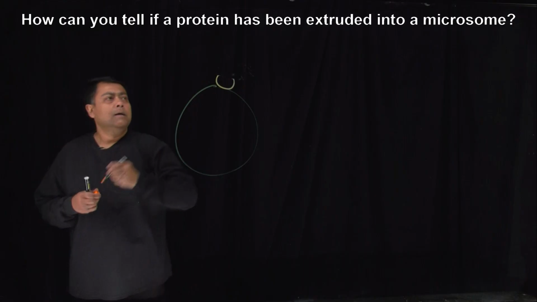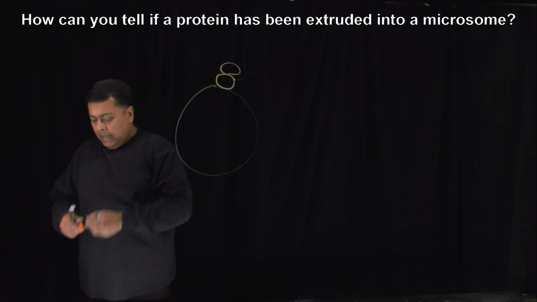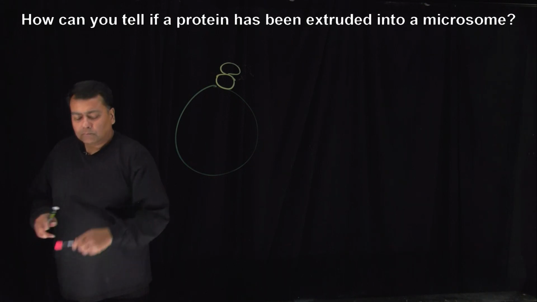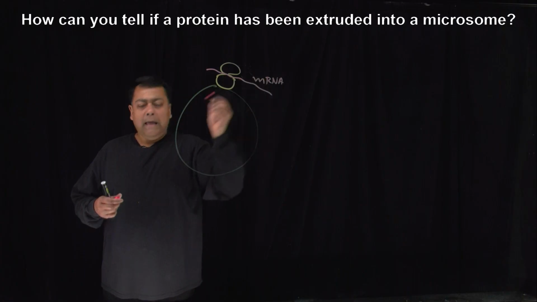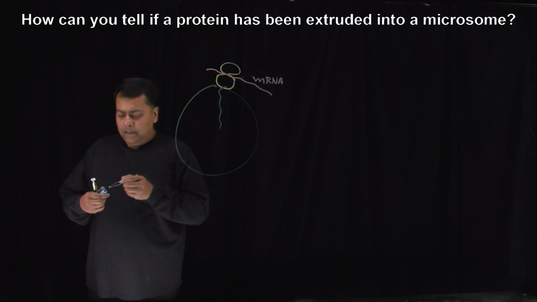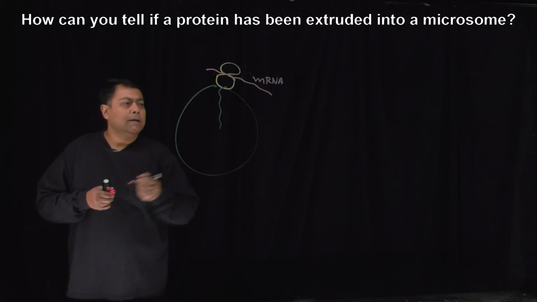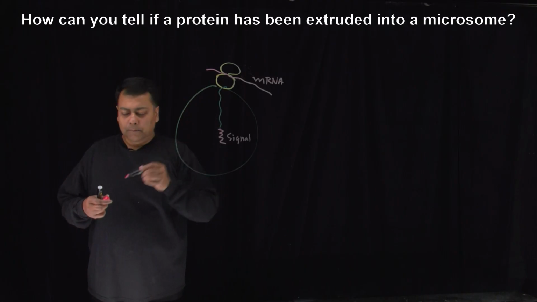So this is the large subunit of the ribosome, the small subunit of the ribosome, and you have the mRNA right here, and the protein is translocated inside, which has the signal peptide. So right here is the signal peptide.